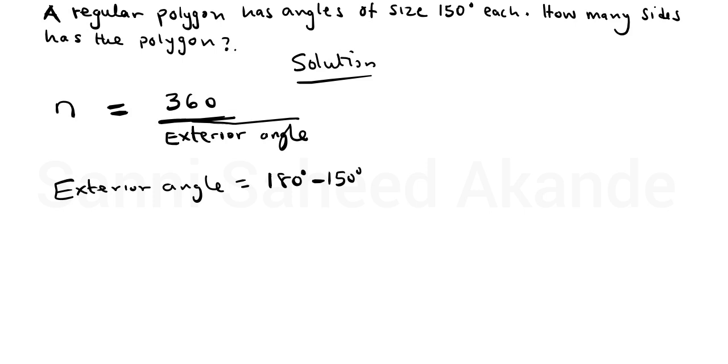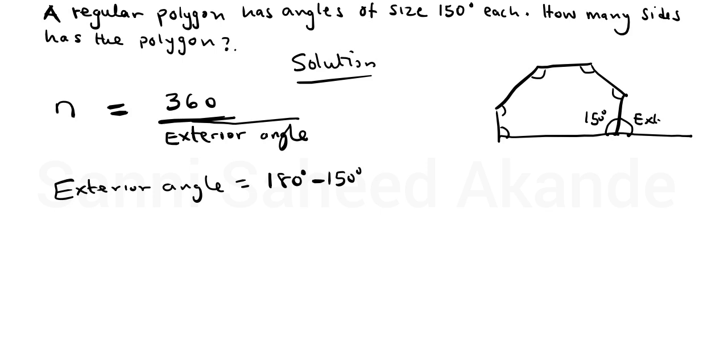I will show you. Now let me just explain that with this polygon. Let's assume this is our polygon, and they say that this angle here is 150 degrees. So each angle here like this is 150 degrees each. And I want to know the exterior angle. I will just produce this line like this. So this angle here now is my exterior angle.